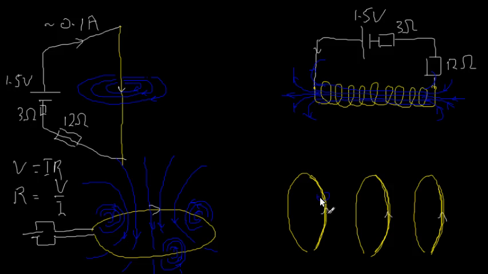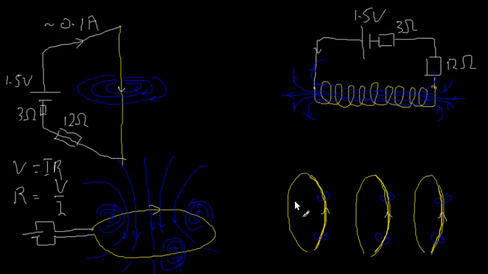This one going in this direction, going around in this direction. Okay, so it's the same around all of this. Magnetic field going this way, this way, this way, this way. Same on the other side as well.